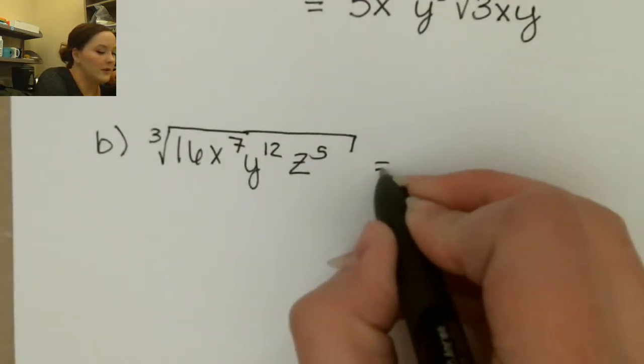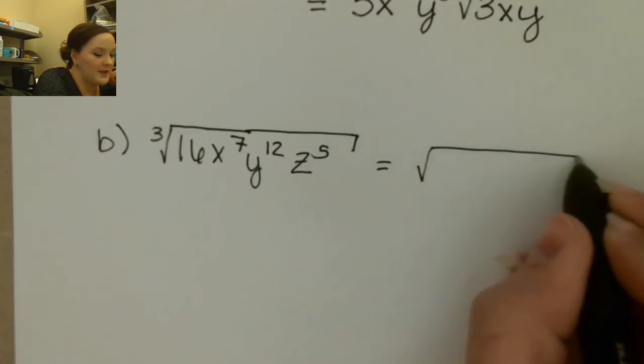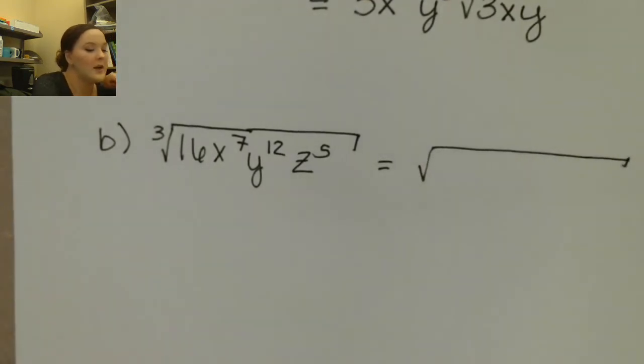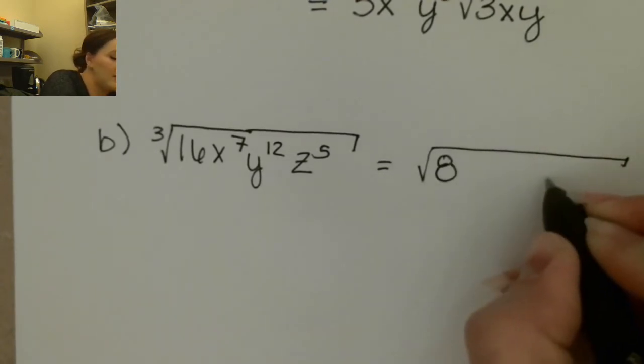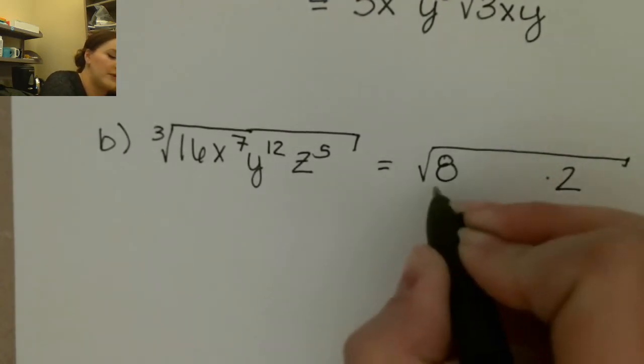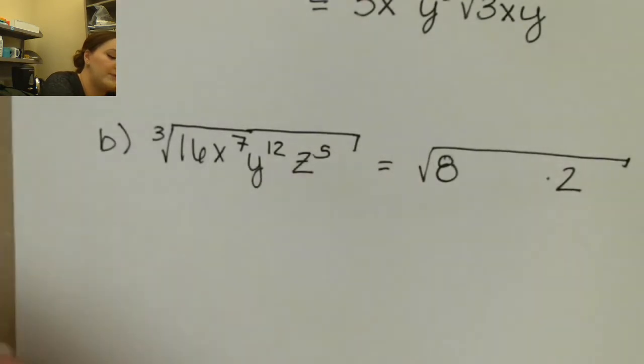So we're looking for a factor of 16 that's a perfect cube. You might think, 16 is divisible by 2, so maybe 2 times 2 times 2, or 2 cubed. That would be 8, and then our leftover part would be 2, because 8 times 2 is 16.